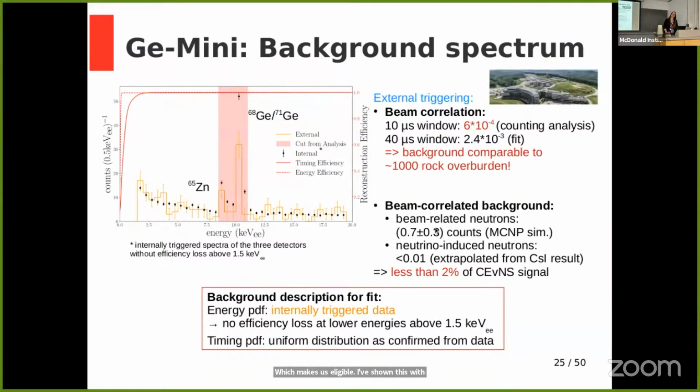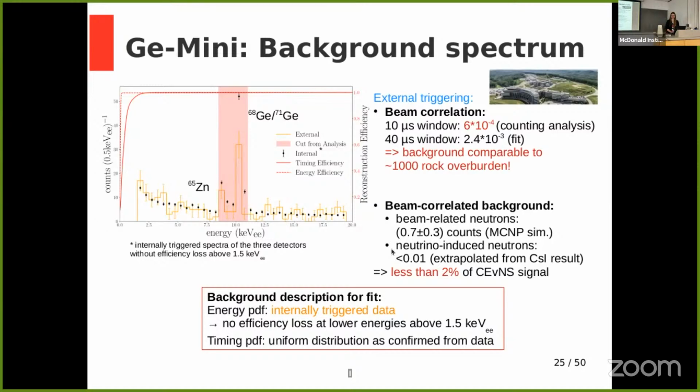The other thing that can potentially happen is neutrino-induced neutrons from neutrinos that interact in shields and are in principle able to create neutrons. However, from the previous CsI result, we extrapolated that this is much less even than beam-related neutrons, so less than 0.01 counts. Also, this germanium setup has much more polyethylene than for instance the iodide setup, which means we don't have to worry about this background. It's less than 2% of our signal.